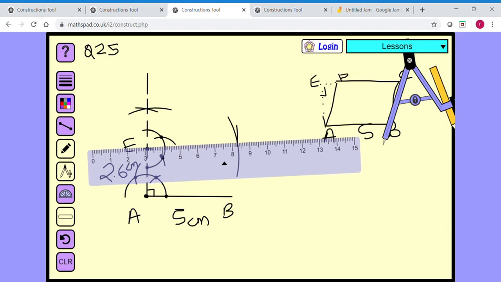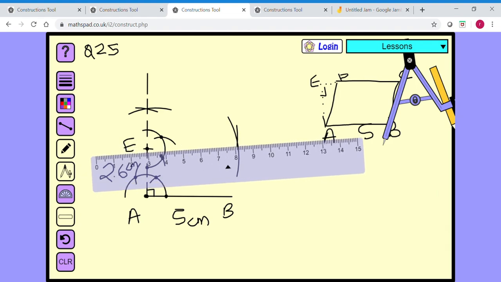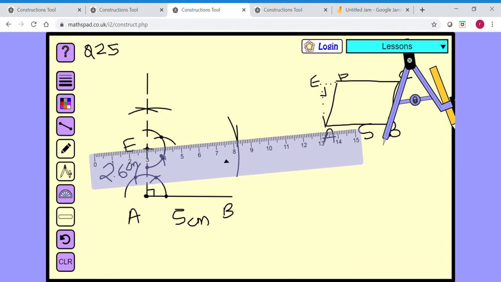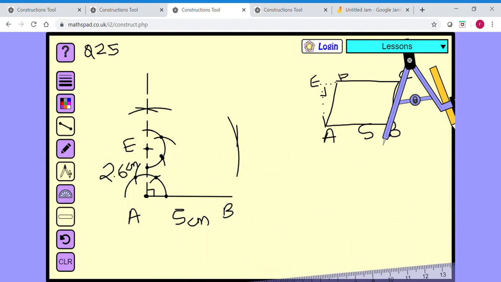I guess my constructions here are not very neat, but anyway, as long as you understand how to draw it, I am fine with it. So I will just join this with this line, keeping straight. Somewhere on EX lies D and C. What is the distance between A and D?